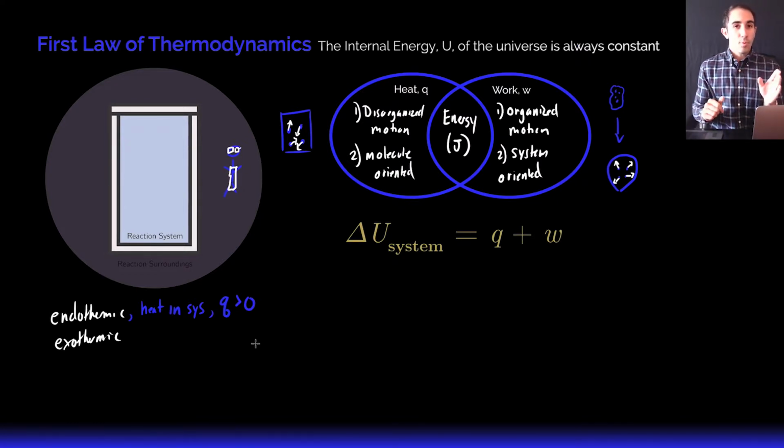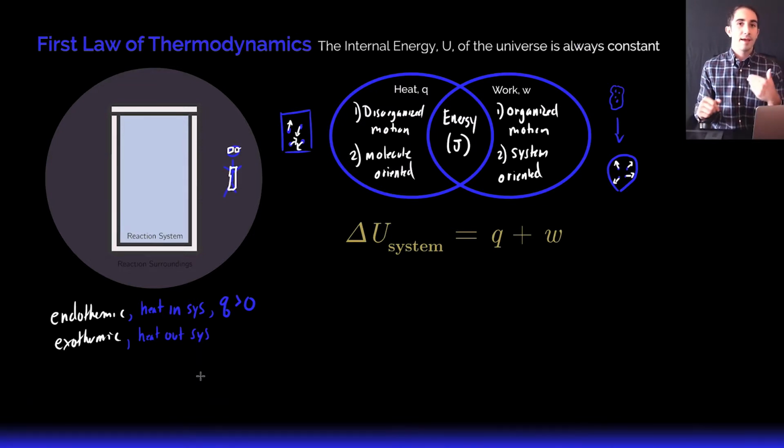But why is it that endothermic reactions, if it's a positive heat flow, feel cold? Well, the reason is because you are standing in the surroundings of that chemical experiment. So you're actually feeling the heat leave the surroundings to go into the system. It's the same thing with an exothermic reaction where heat is going out of the system.